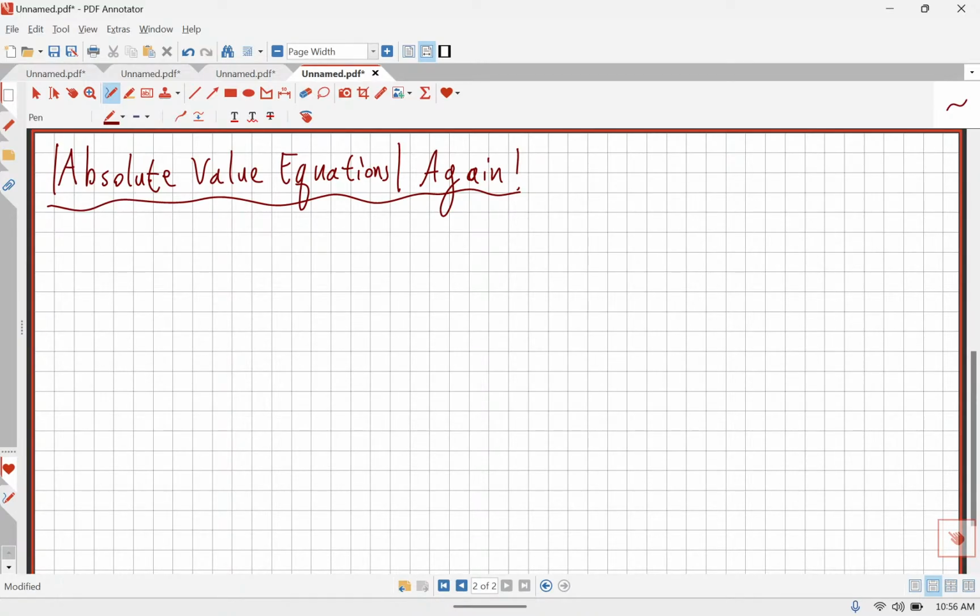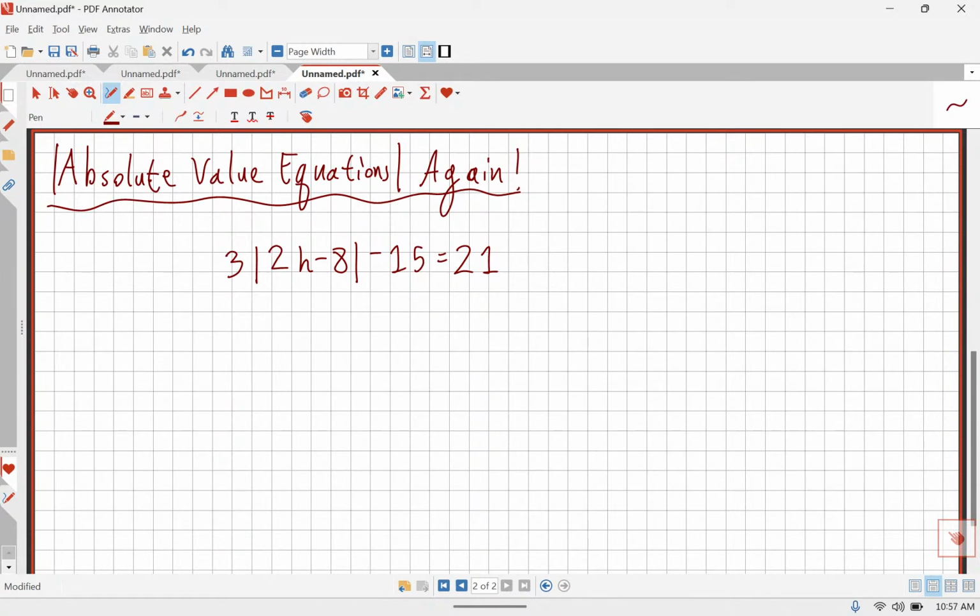Got a pencil? 3 times the absolute value of 2h minus 8, minus 15, is equal to 21. Now, I know what your instinct is trying to tell you to do.